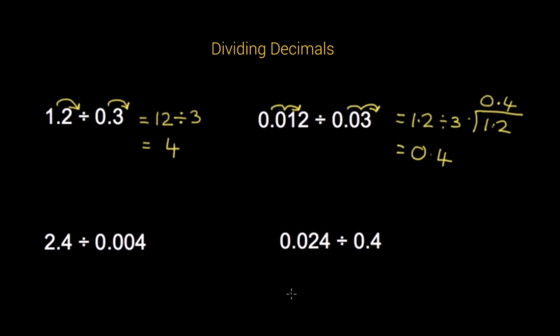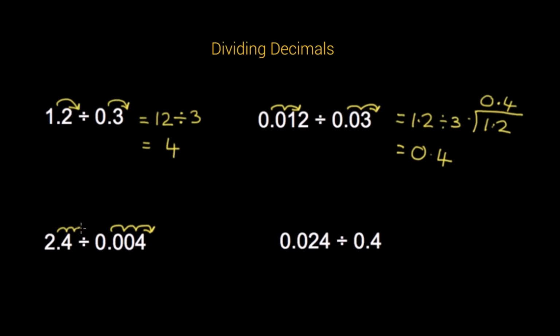Let's have a look at the next one. In the next one you'll notice that in the number we're dividing by, we have 3 figures after the decimal point. So in fact we have to move the decimal point 3 places to make it divided by 4. If we move it 3 places in the number we're dividing by, we have to move it 3 places in the first number.